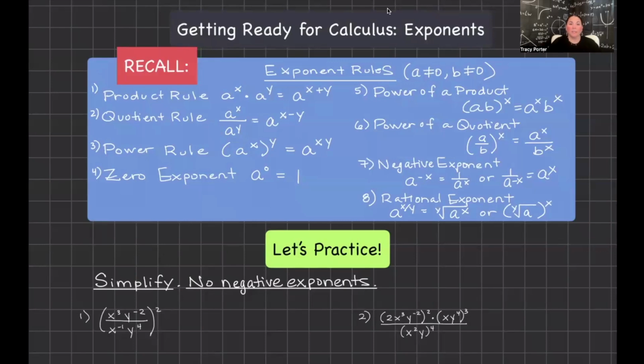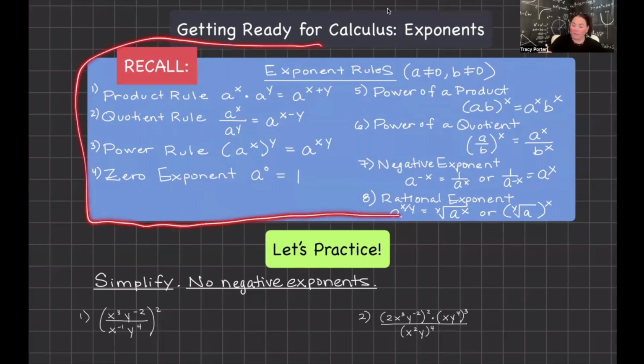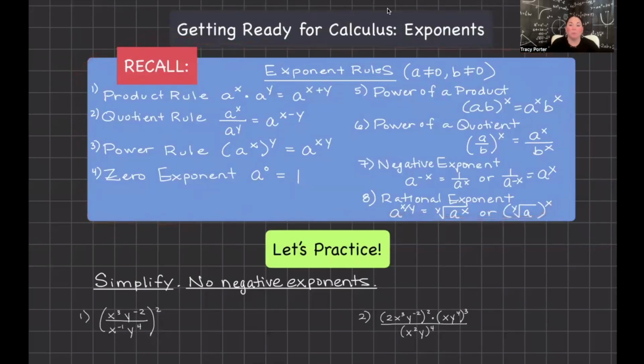This video is called Getting Ready for Calculus: Exponents, and it's part of the Getting Ready for Calculus series that I'm doing. So we start here with a recall, and what we want to recall is what is in this little box here, which is exponent rules.